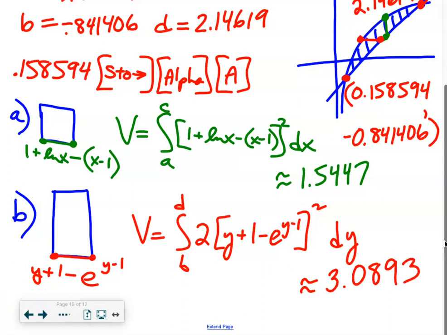You should end up with 3.089. No, I always write a fourth so that you know if you were rounding or truncating if you're right.